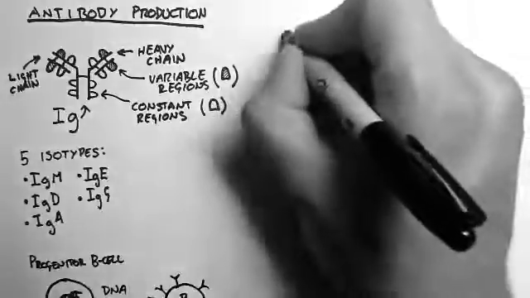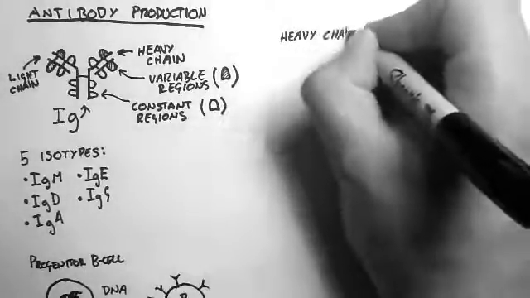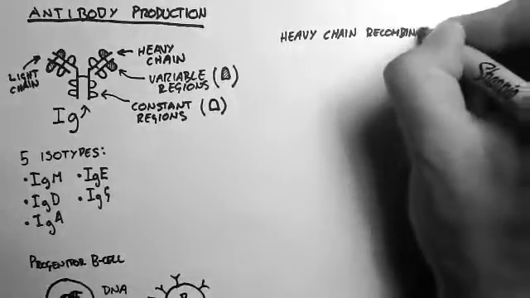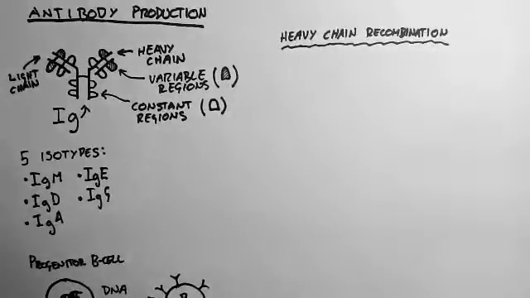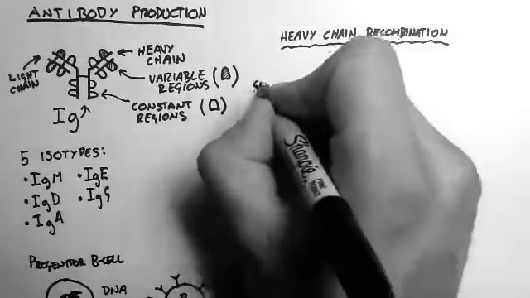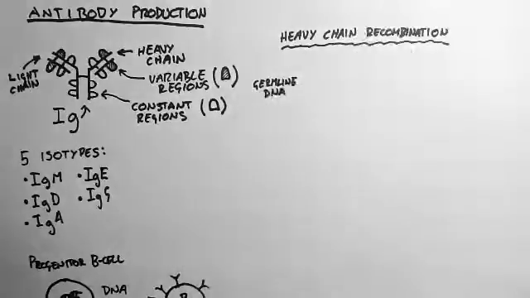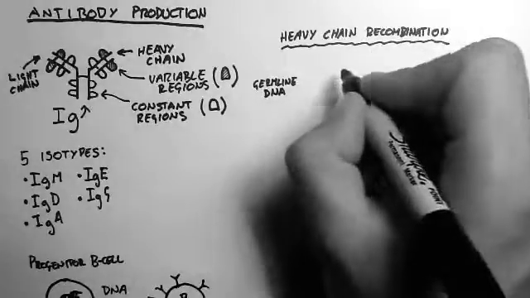So what we're going to have a look at is how a heavy chain is formed. And this is a heavy chain recombination of the genes during the DNA shuffle. And it happens in a kind of organized way. So we're looking at the germline DNA. So this is the original DNA. And there's a whole long string of DNA with various regions on it.